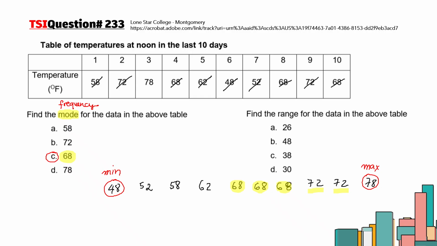The second question is: find the range for the data in the above table. So the range is the maximum minus the minimum.